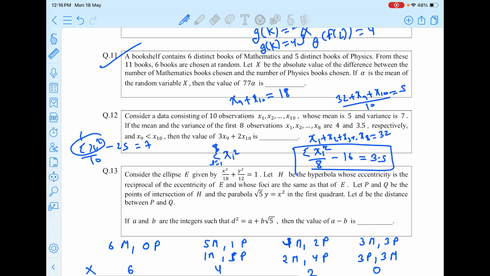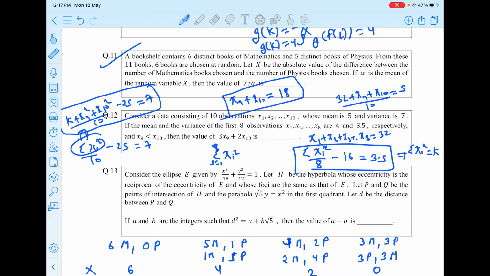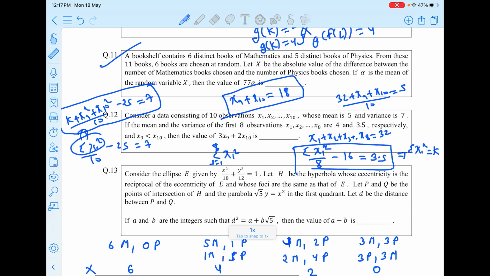Suppose summation of xi square from i equal to 1 to 8 is k. So this will become (k plus x9 square plus x10 square) by 10 minus 25 is equal to 7. So with that you will get one more relation between x9 square and x10 square, or one more relation between x9 and x10, and this is the other relation in x9 and x10. Just solve these two, you will get the answer.